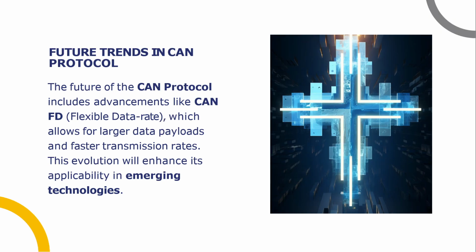So next, future trends in the CAN protocol. Future trends means, if CAN is developed, what are the different features? For example, you are buying a mobile. Your mobile gets updates, right? So these types of updates generate new features.